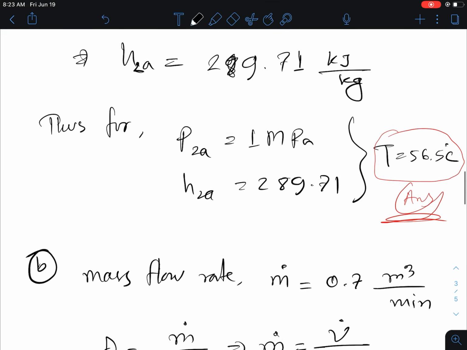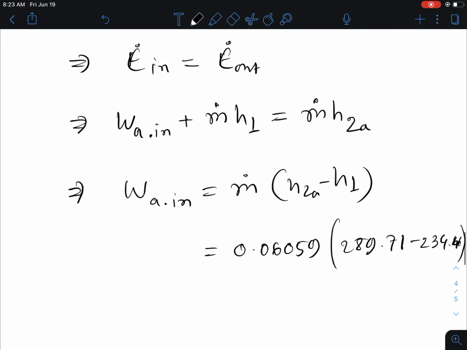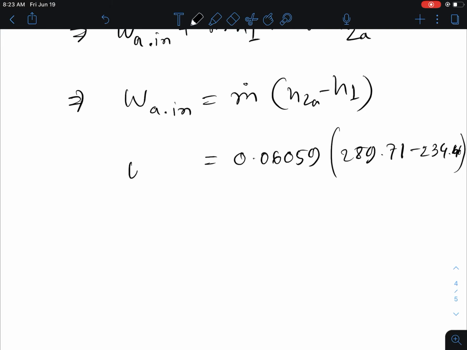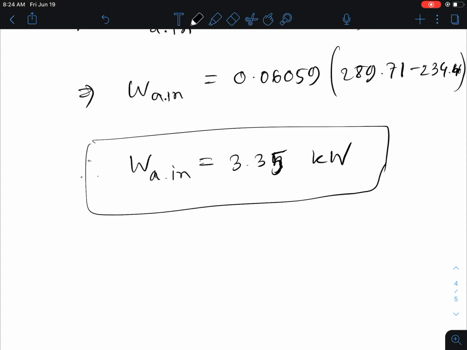That actual energy we just got from here, 289.71 for state 2, is the one we are using in this formula. So the actual work input for that compressor will be 3.35 kilowatt. That's the answer for part B.